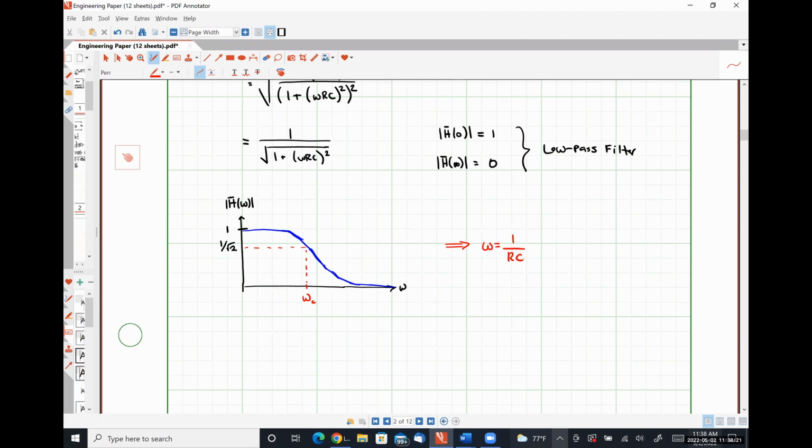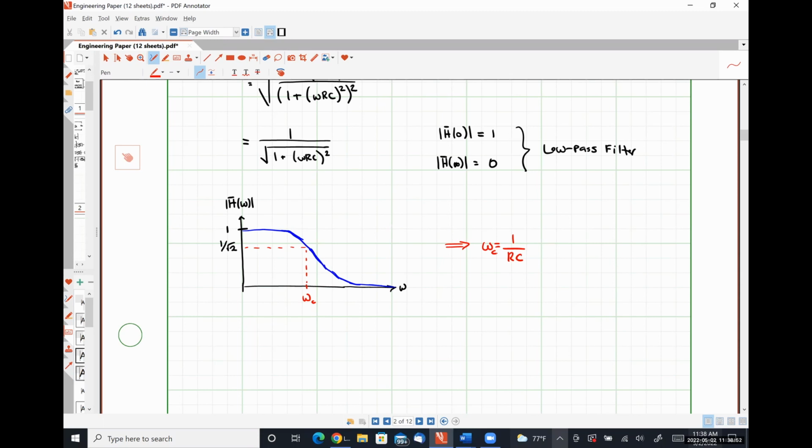Omega C is 1 over RC, which not coincidentally is the exact same result as the time constant for an RC circuit. So this tells us how we can choose values of R and C to set a specific cutoff rate.